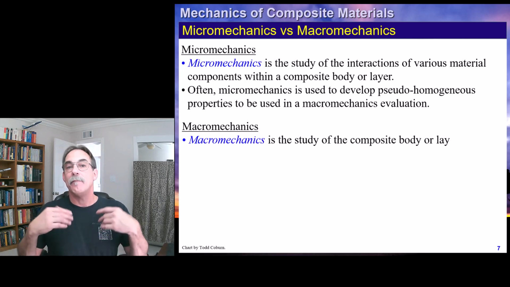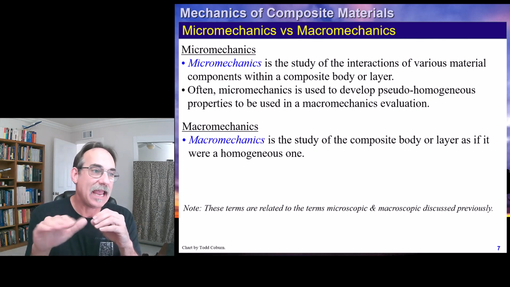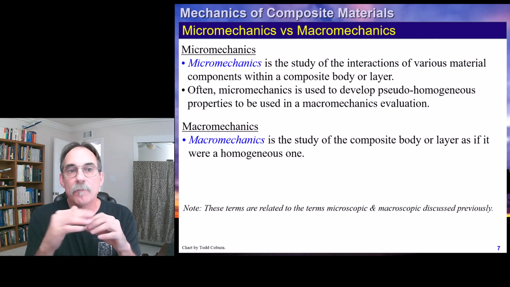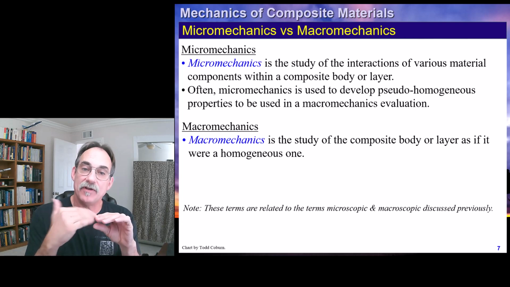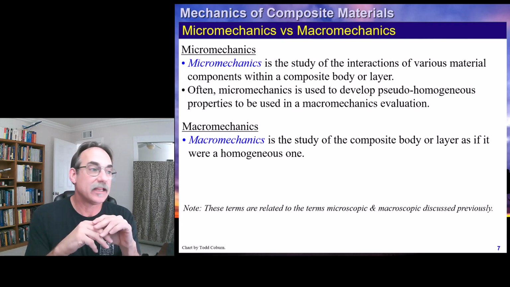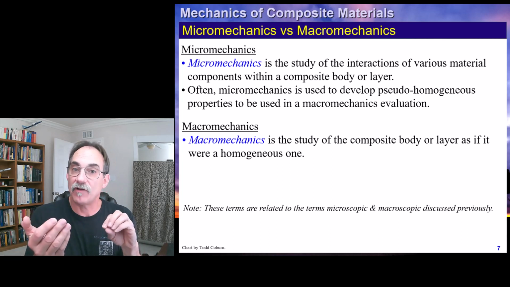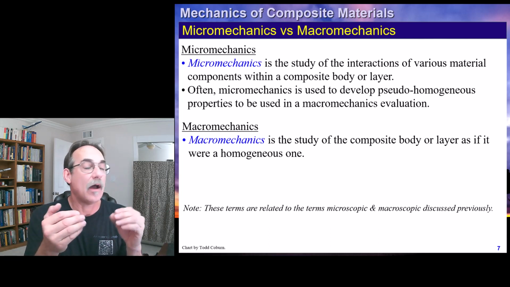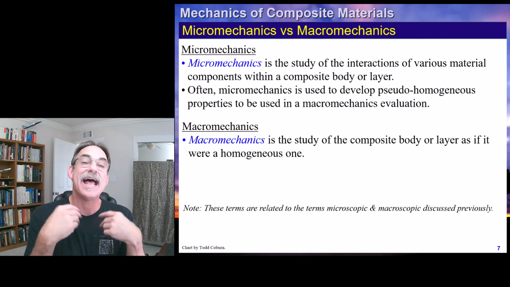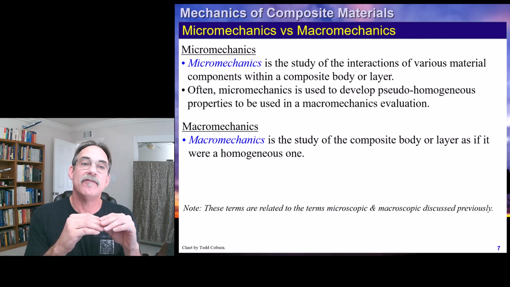When we talk about the macromechanical level, what we're really talking about is the behavior of the entire layer. So for each layer, we need to understand its behavior in its 3 perpendicular directions, and we can sometimes get that directly from tested properties, and sometimes we will estimate those properties from the constituent values.